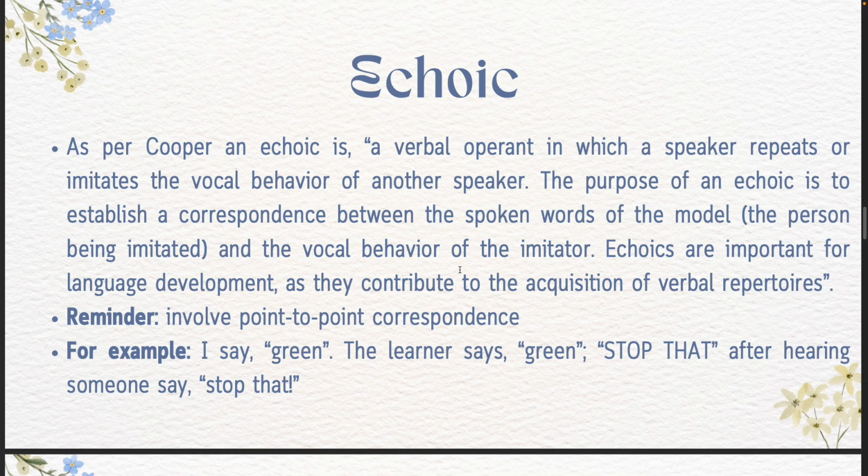Okay, so in echoic, if you work in a clinic setting, if you do IBI, these are performed when you say, and then whatever you say, right? So it could be say nose, the learner says nose, and that would be correct. They are echoing what they are hearing from you. Okay, and again, it does need to involve point-to-point correspondence in order for it to be an echoic, right? So if I say nose and they say ears, then it's not considered an echoic.